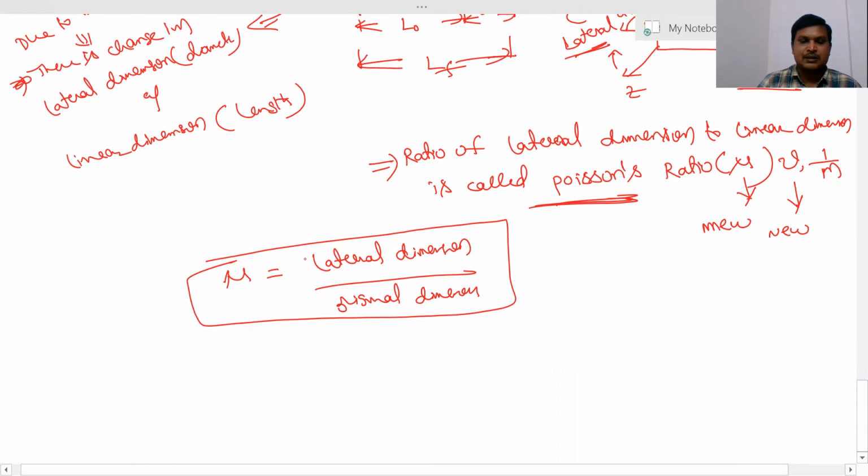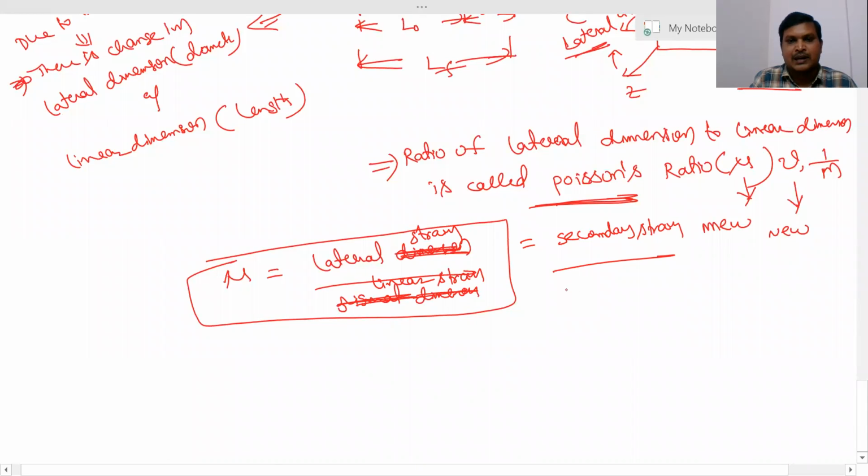Sorry, lateral strain by linear strain: mu is equal to lateral strain by linear strain. The lateral dimension is always the secondary dimension, so we can write it as secondary strain. The linear dimension is always on the longitudinal or linear axis, the primary axis, so it is primary strain.